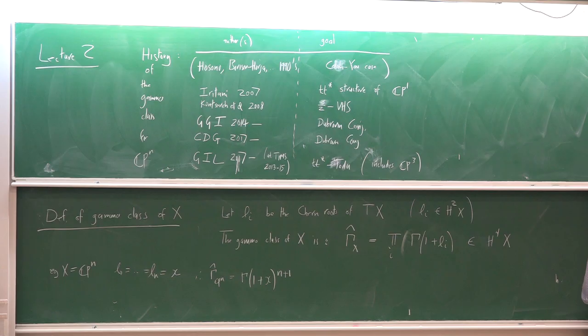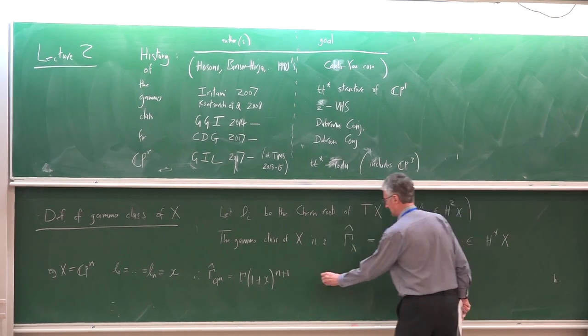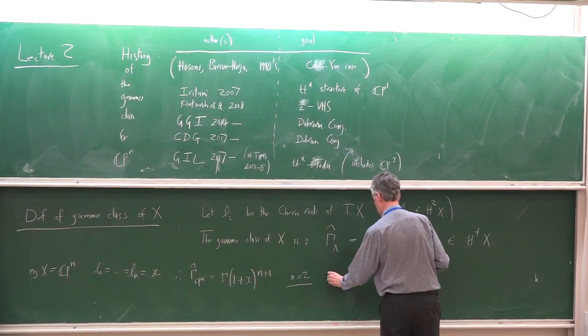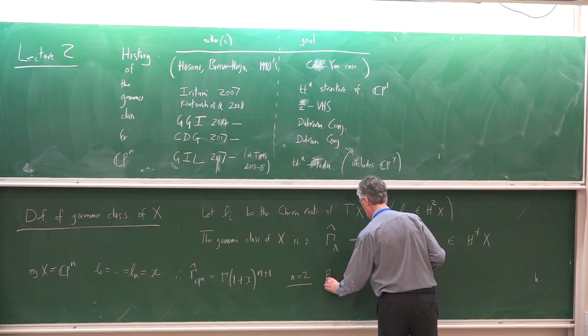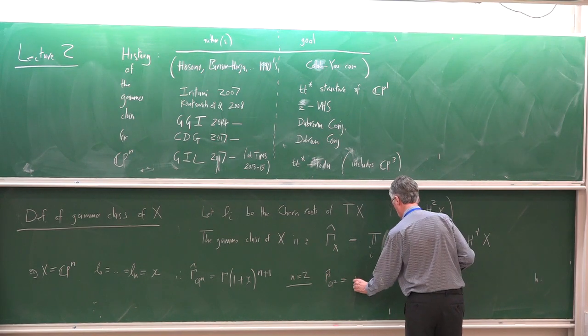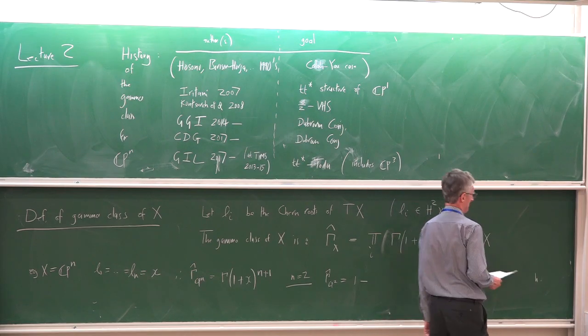So using this series, for example, n equals 2. I'll just write down so you can look at it. The gamma class of CP2 is, well, you have to cube this, right?